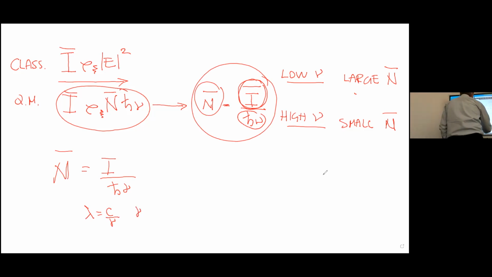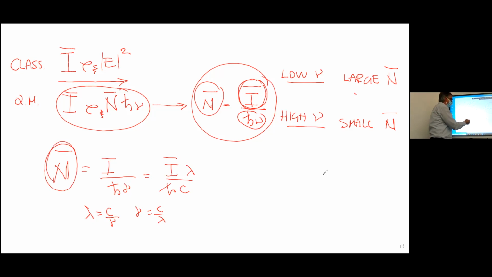So you have that the frequency is c over lambda, and this is I average divided by h bar c times lambda. So the average number of photons depends on the average intensity and on the wavelength of light.